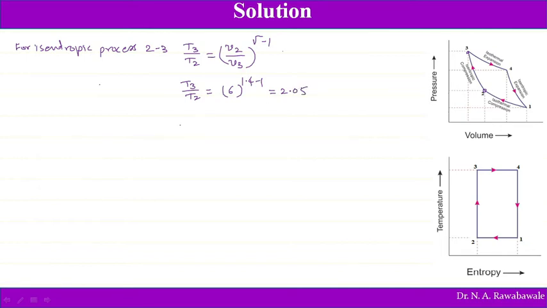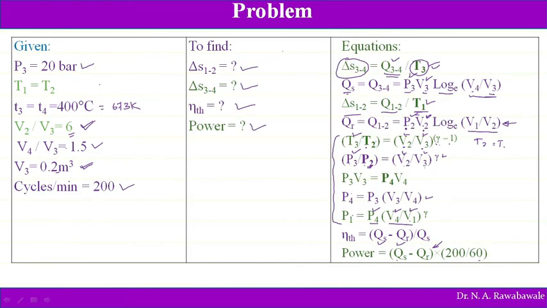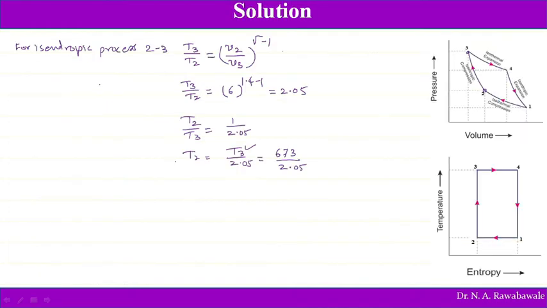Then after simplification we can rewrite this, inverting, as T2 divided by T3 is 1 divided by 2.05, and T2 is equal to T3 divided by 2.05. T3 value is given in the problem: T3 is equal to 400 degree Celsius, which means 673 Kelvin.